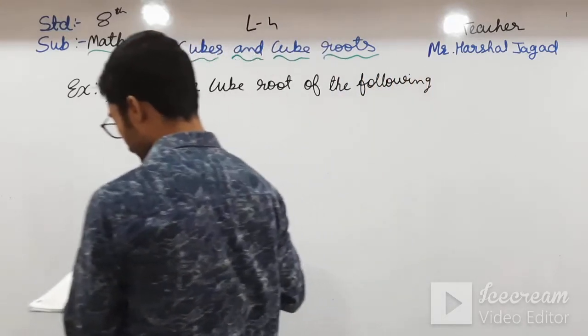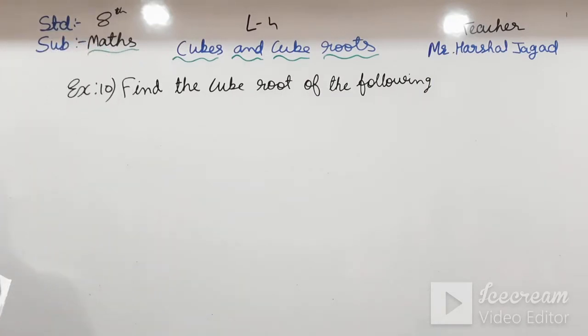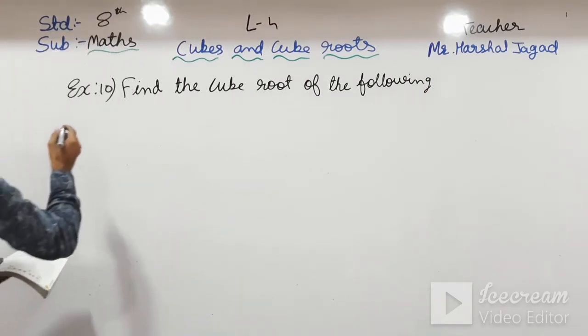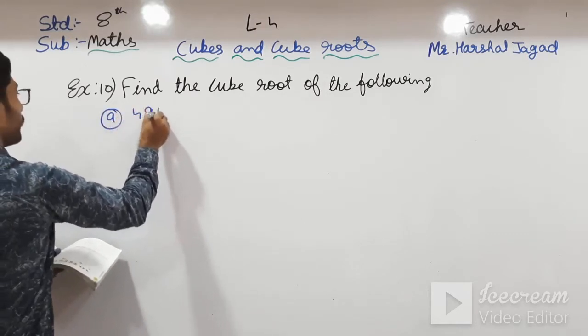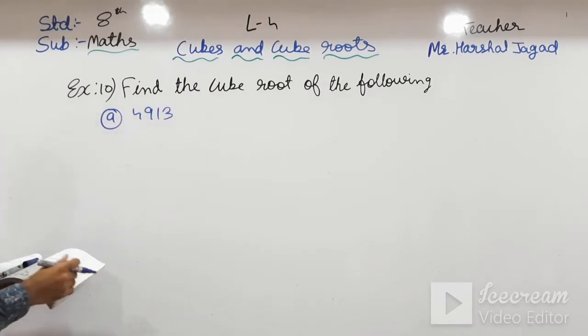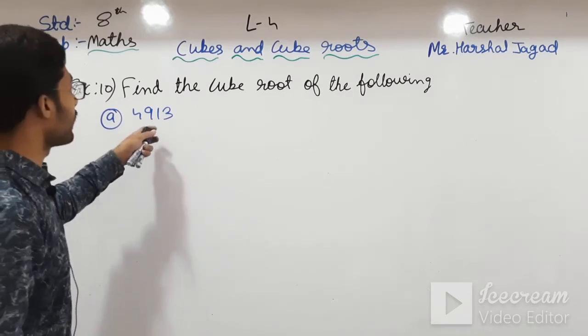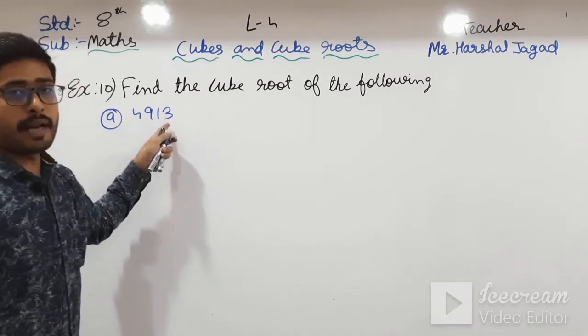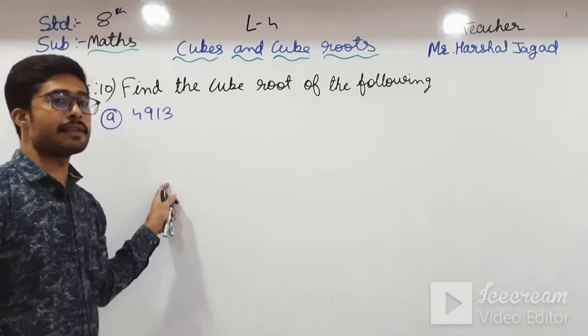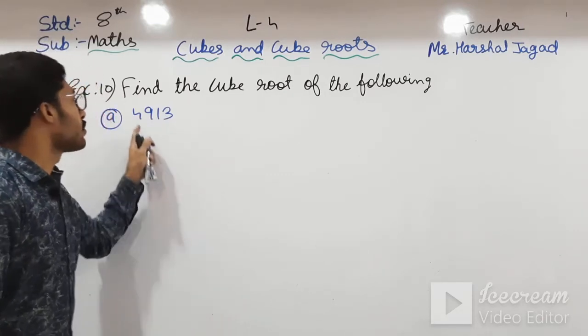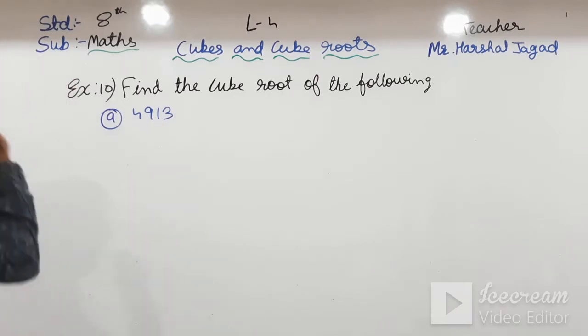The first one is A, 4913. In that table we have seen that if the cube has an odd number ending in 3, then its cube root's unit digit is 7. So its unit digit is 7.